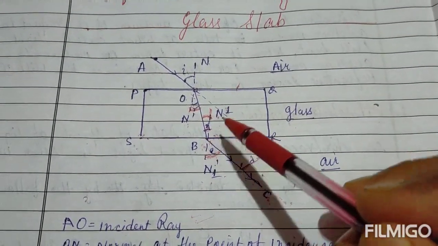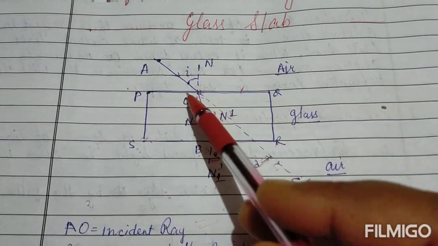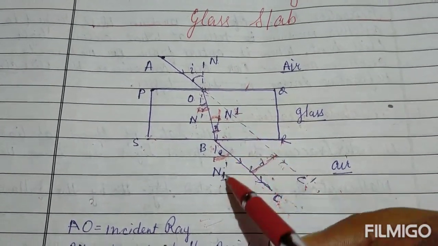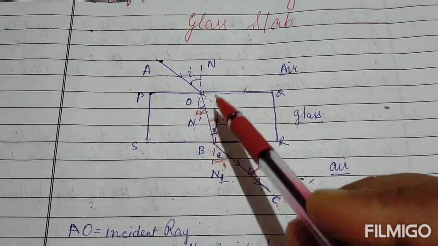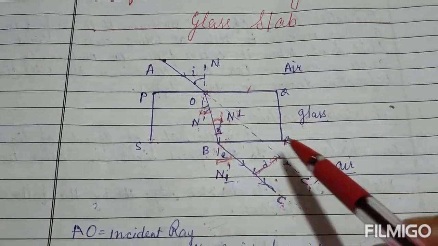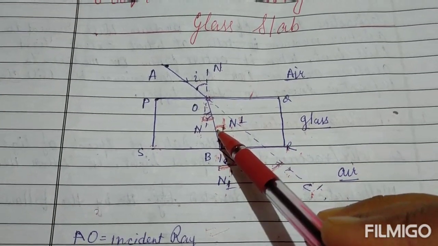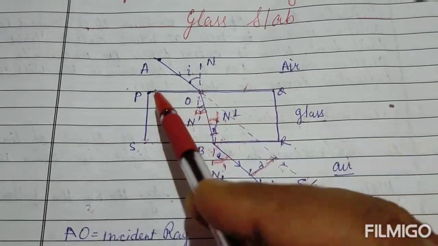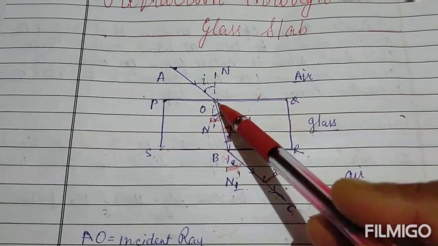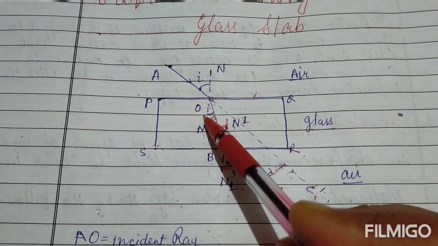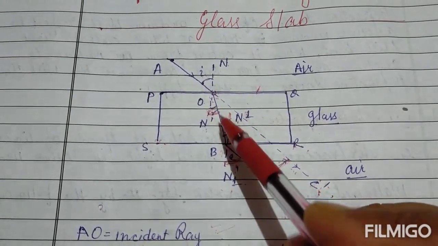Again, for the edge SR, this angle, that is OBN1, this is N1 and this is N1 dash, will be the angle of incidence, and we are seeing that PQ and SR are parallel and OB is a transversal line. So these two angles will be treated as alternate interior angles.